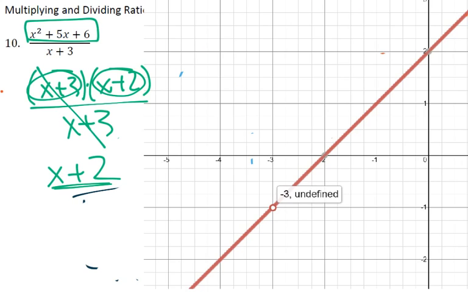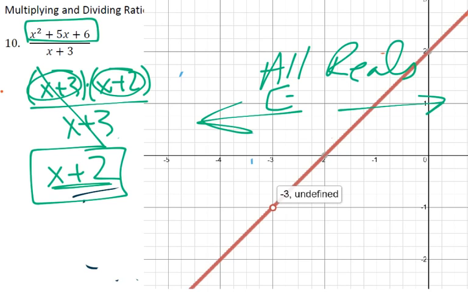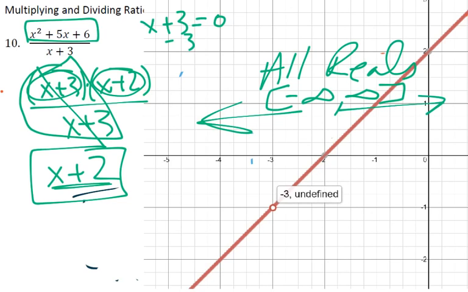Okay? So, I went and graphed it. So because we're getting answers that are linear, we know linear always keeps going to the right and always keeps going to the left. So it has all reals as a domain. In other words, from negative infinity to infinity. Okay? And all three of those ones have that same domain. The only different problem is when you eliminate a piece, that piece you eliminated, x plus 3, if I set it equal to 0 and solved, I'd get x equals negative 3.